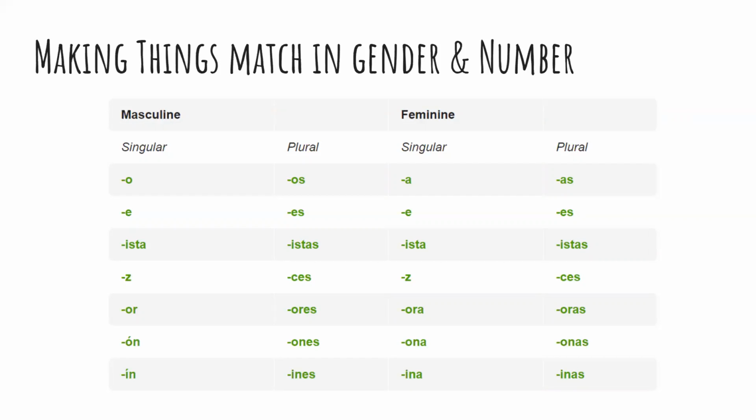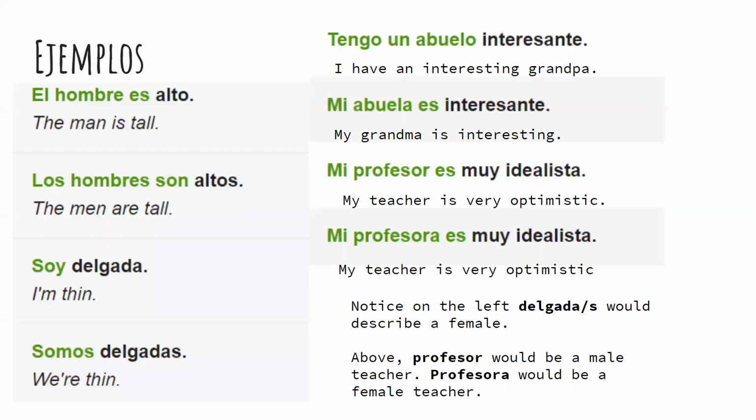If it ends in ÓN, then you change it to ONES, or to make it feminine, ONA, and to make that plural, ONAS. If it ends in ÍN, you change it to INES to make it plural masculine, and you change it to INA for singular feminine, INAS for plural feminine.